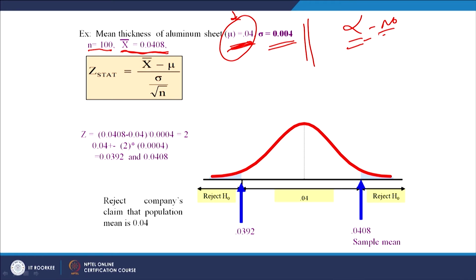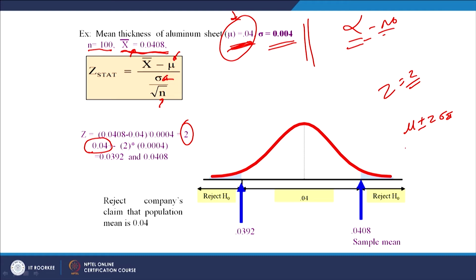First of all, calculate the z value. Z is x bar minus mu, that is, sample mean minus population mean, divided by the population standard deviation over root sample size. So, this is 2. Now, once you are done with the calculation of z, what should you do? This is your population mean. So, population mean plus minus z into the standard error.